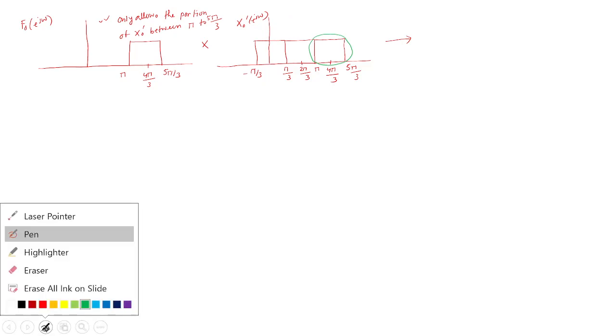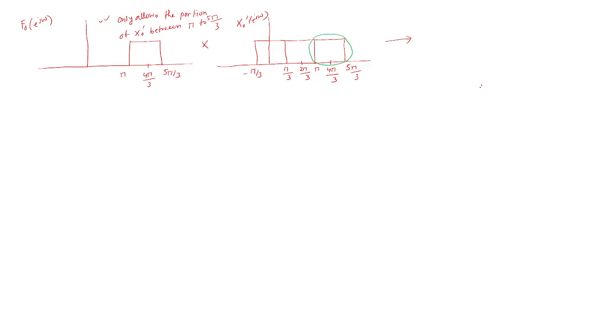So what do we obtain here? This is F naught of e to the power j omega times X naught dash of e to the power j omega, which is this part.